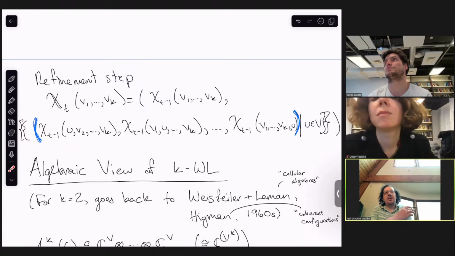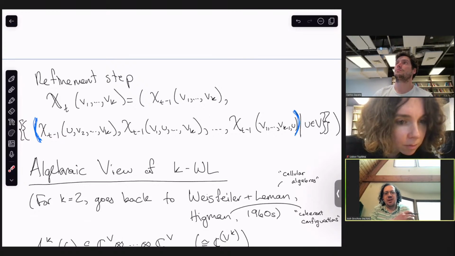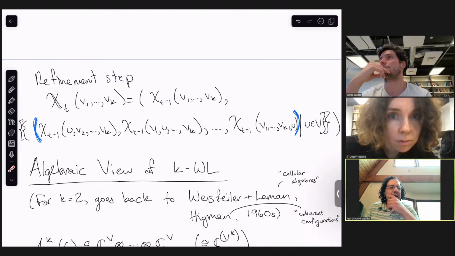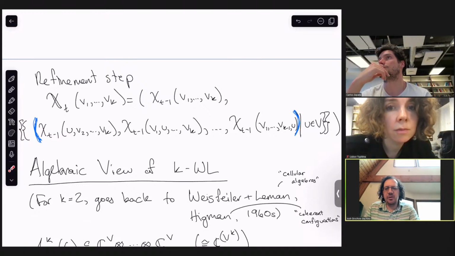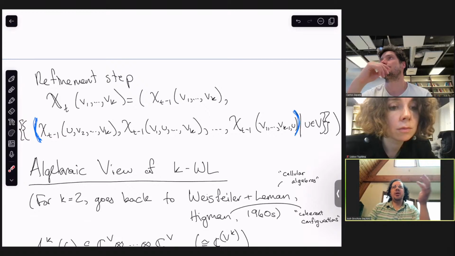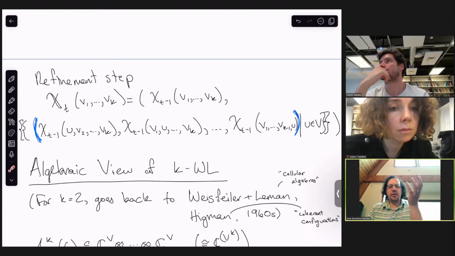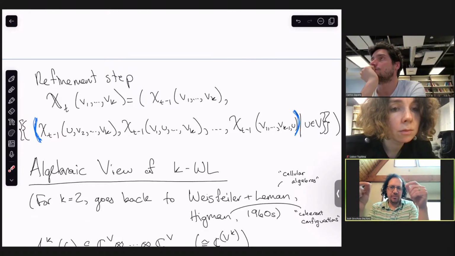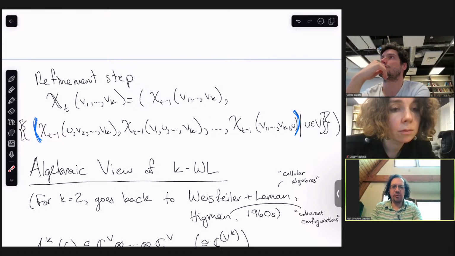But it gets back to the other thing I mentioned, that there are many variants of Weisfeiler-Leman that all turn out to be roughly equivalent in power, even though they're not equal on the nose, in the sense that maybe the two-dimensional Weisfeiler-Leman of one variant is equivalent to the four-dimensional Weisfeiler-Leman in another variant. Okay, but there's some constant factor between them. That's what people mean when they say they're equivalent.